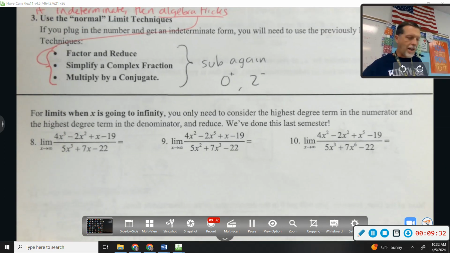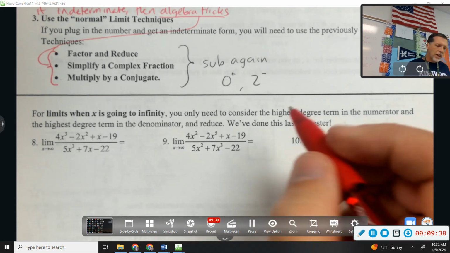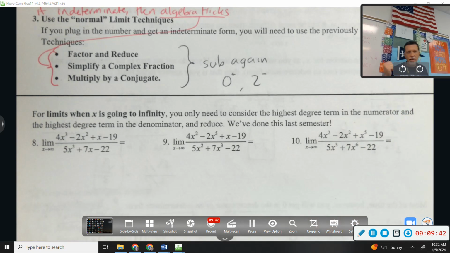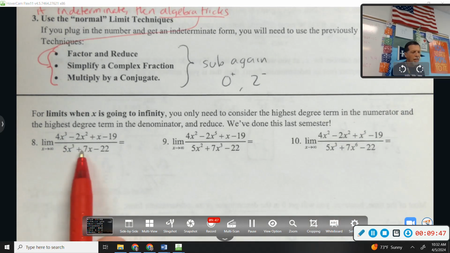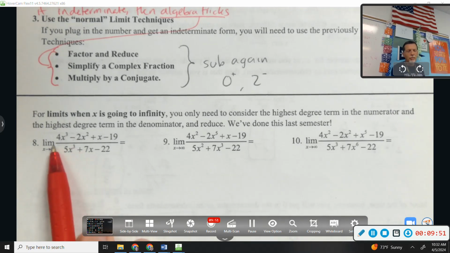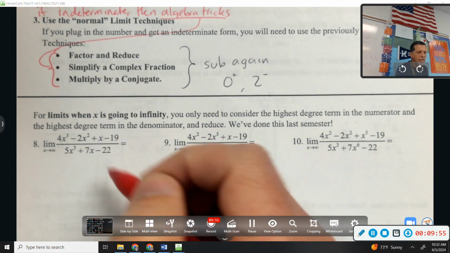All right, lastly, for limits when x is going to infinity, so when x is getting really, really big, you only need to consider the highest degree term in the numerator and the highest degree term in the denominator. Because when x gets really big, if I'm plugging in 80 gazillion, and I've got 4 times 80 gazillion cubed, well, the 19 doesn't really matter, and the x doesn't really matter.